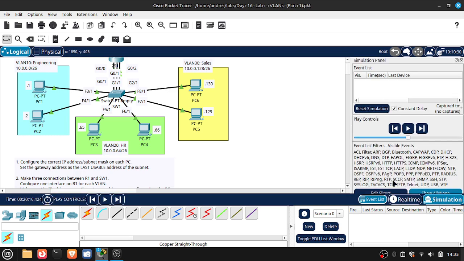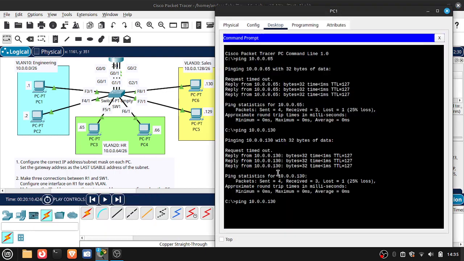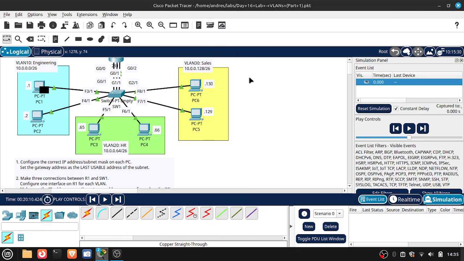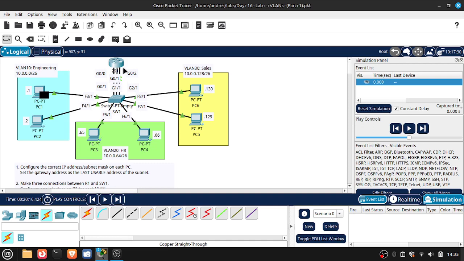So we're going to go to simulation, and again we're going to make the ping. Here we can see this is our ping, and it should go to the router first because it is going to do the inter-VLAN routing for us, since it has one interface for every VLAN.